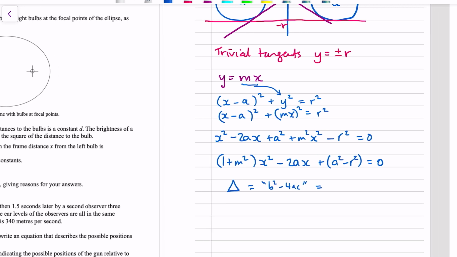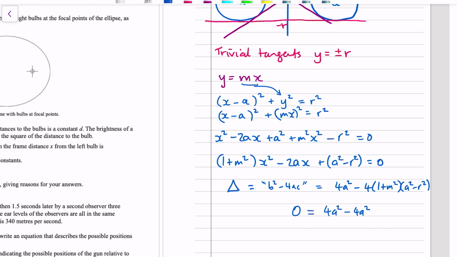So negative 2a times negative 2a, 4a squared minus 4 lots of 1 plus m squared, which is the a thing, times c, a squared minus r squared, that equals 0. 4a squared, now we expand that other bracket, we've got a squared is the first term minus 4 lots of it, so the a squareds cancel.